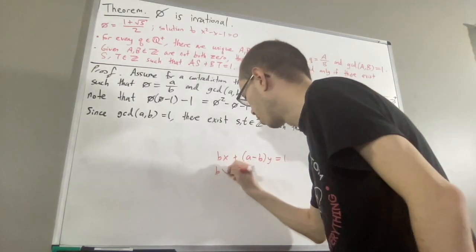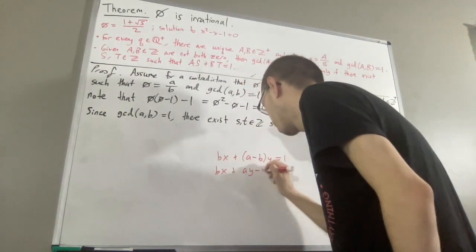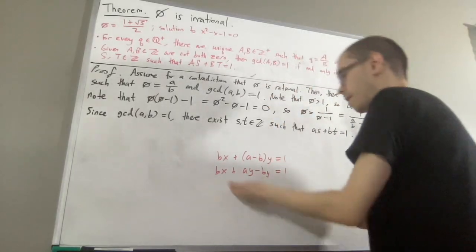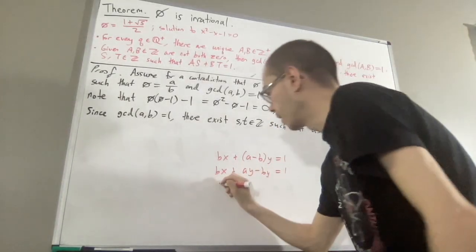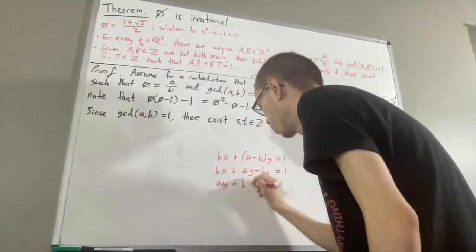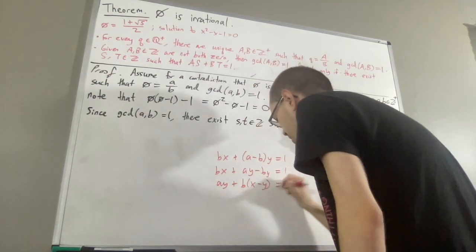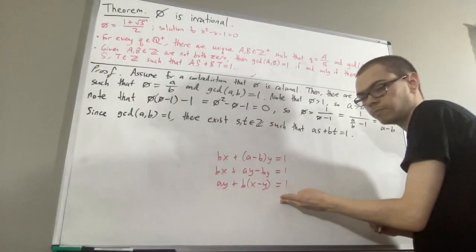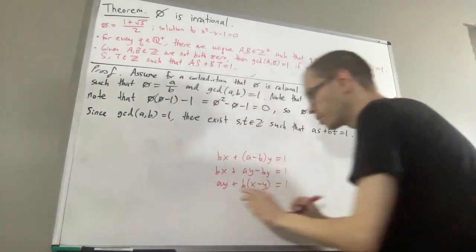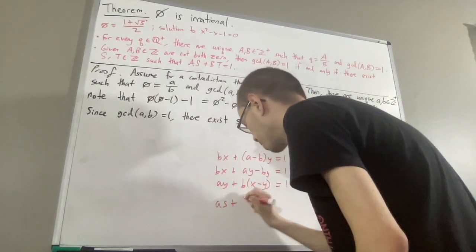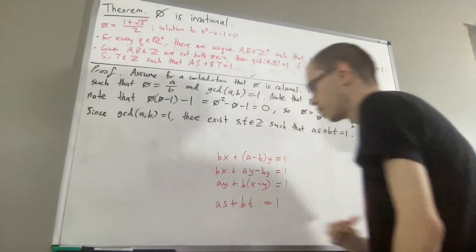Well, expanding this out, this means we would have this. And actually, we're going to group together the terms with b in it. So that means we would have this. Okay, now we know that as plus bt is equal to 1.